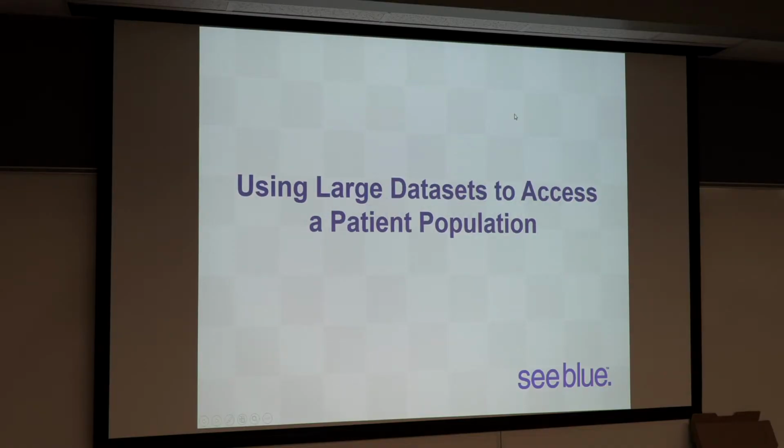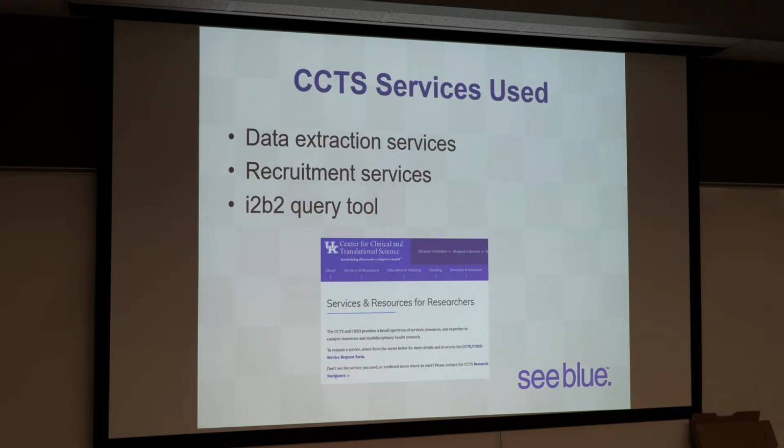So another option, what I'm going to talk about right now, is using large data sets to access patient populations. So what you will need if you choose to go down this route, I'll talk to you a little bit more about what that means, is you will need some of the services that are available through the CCTS.